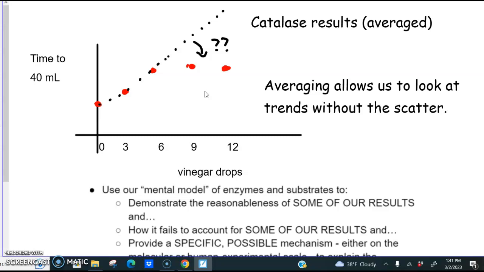We did the experiment. We looked at the results together. We made graphs together. We wrote paragraphs together. We developed possible ideas about what went wrong together.